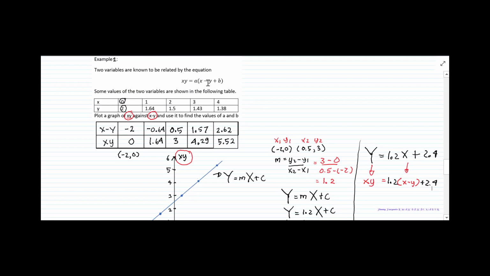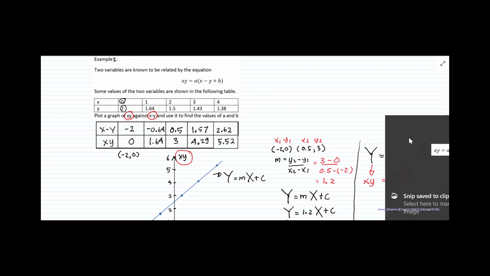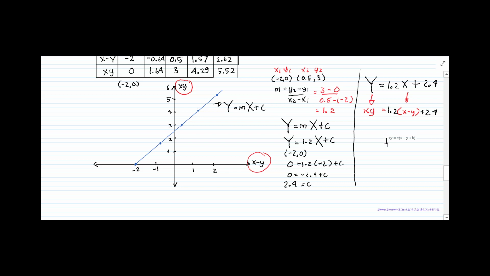The question is XY equals A in the bracket X minus Y plus B. As you can see, the left side is already the same, but the right side is a little bit different. So we have to make it similar.